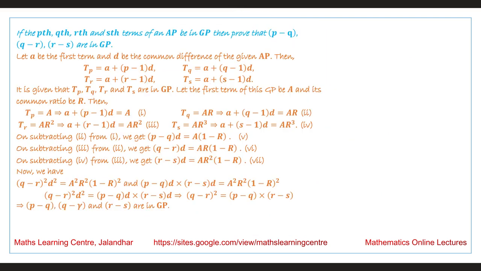Next: if the pth, qth, rth and sth terms of an AP are in GP, we have to prove that these three values are in GP.